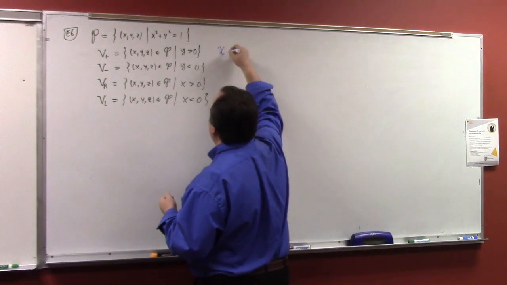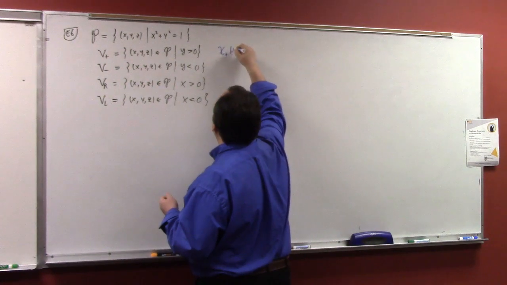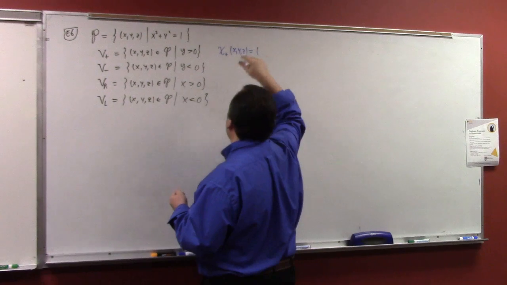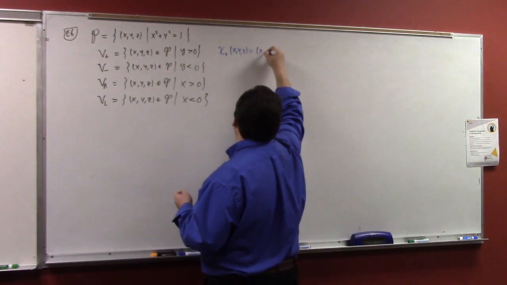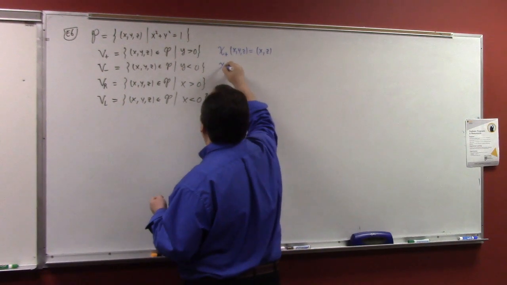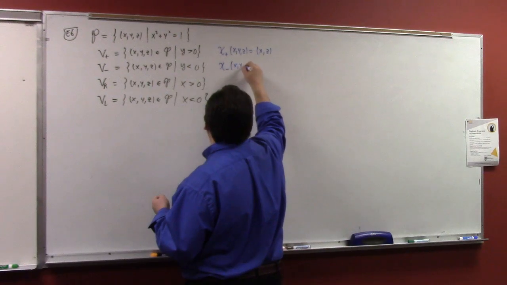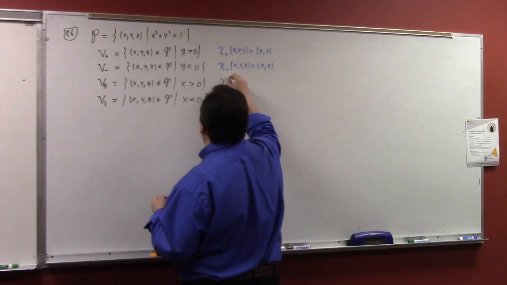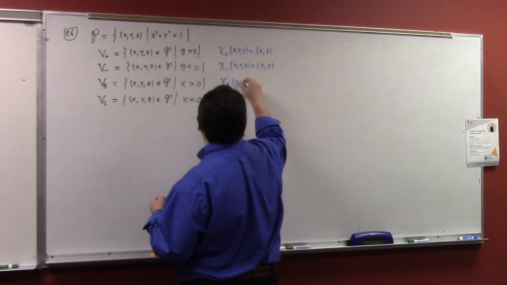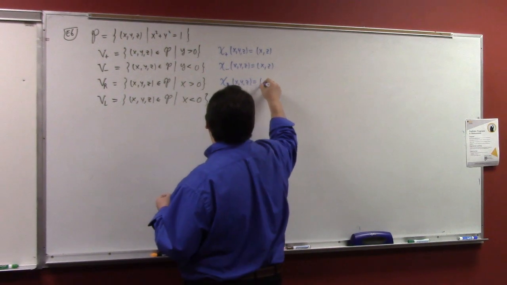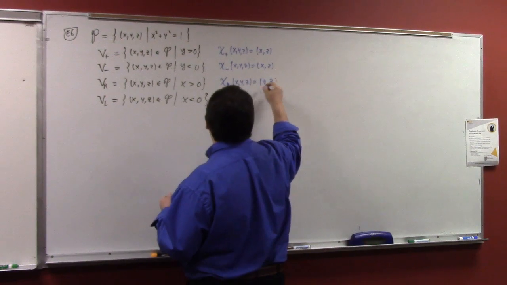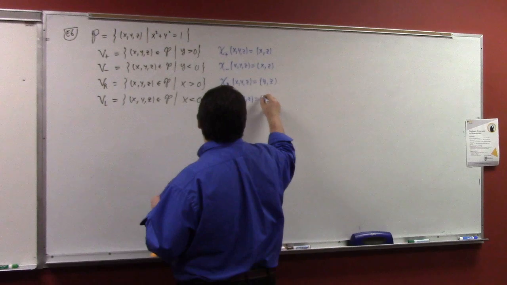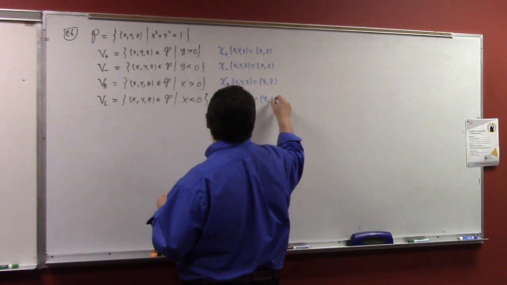So we're going to do chi plus of x, y, z is, let's see here, xz. Chi minus of x, y, z is xz. Chi r of x, y, z is yz. And chi l of x, y, z is also yz.